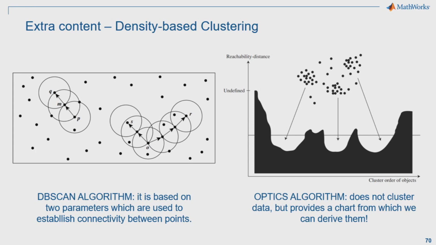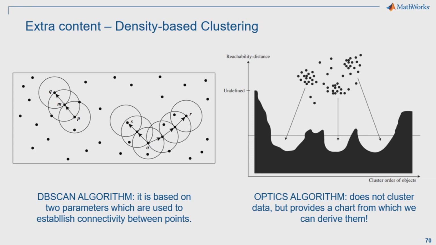Based on these two parameters, epsilon and min points, you can assess the connectivity between objects in the dataset and cluster them based on the results of their connectivity. But as you can understand, there are two parameters to tune, and it is not always easy to tune two parameters on a dataset to have a clustering result.